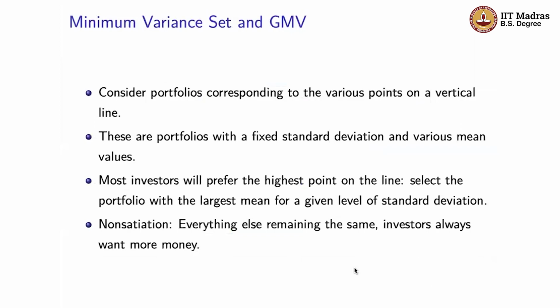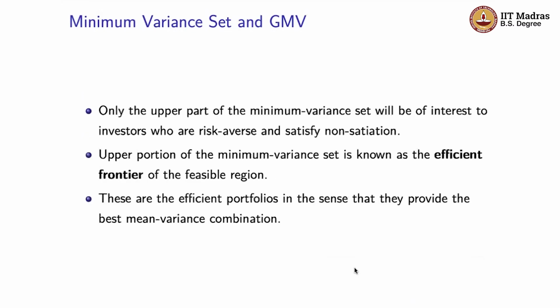If you fix a vertical line and ask people to rank the portfolios along this line, these are portfolios with a fixed standard deviation and various mean values. Most investors are going to prefer the highest point on this line, so they want the largest possible mean for a given value of standard deviation. This refers to the property of non-satiation: everything else remaining the same, investors always want more money.